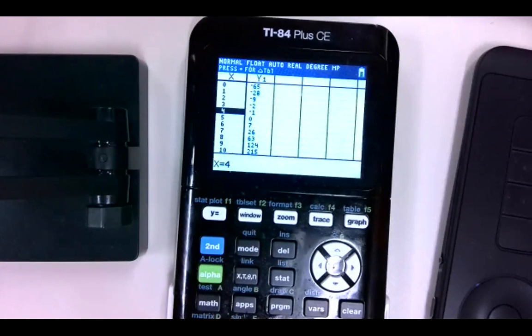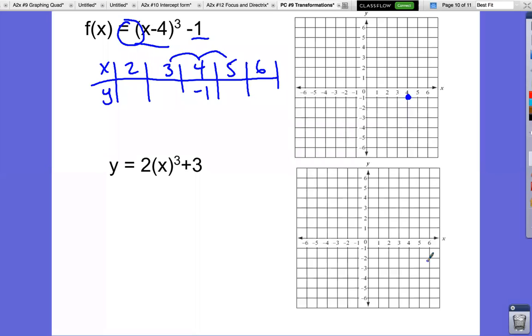Now let me share my screen and let's do the other one. What is my vertex here? Anyone? What's the vertex? 0, 0. I heard 0, 0.